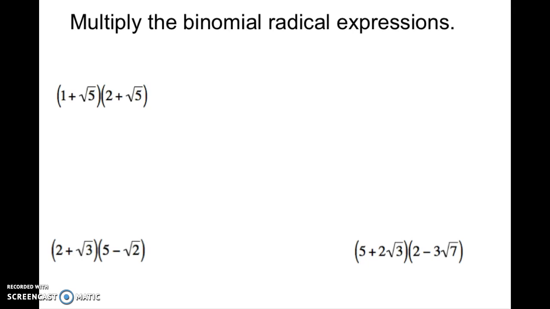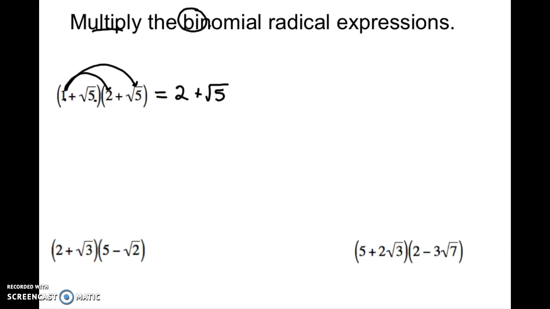Let's look at the very last page of our note packet. Now we are multiplying, which we totally get, the binomial, because there's 2 terms in here, binomial radical expressions. And it's FOIL, just like always. So I'm going to distribute my first term. 1 times 2 is 2. 1 times 5 is the square root of 5.